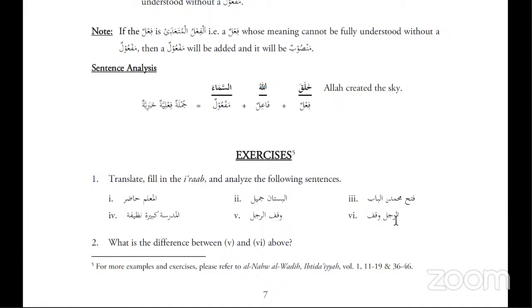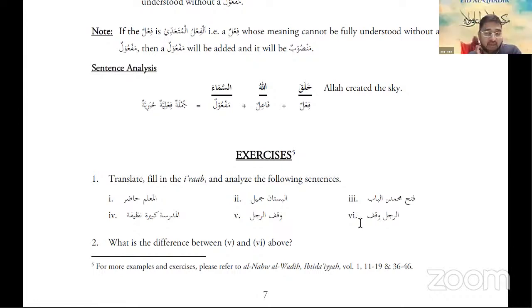So the man stood. The man, he stood. Correct. And ar-rajulu waqafa, the man stood. But I'll probably make the same mistakes because I don't know where to put the i'rab. That's fine. What you've done is correct.